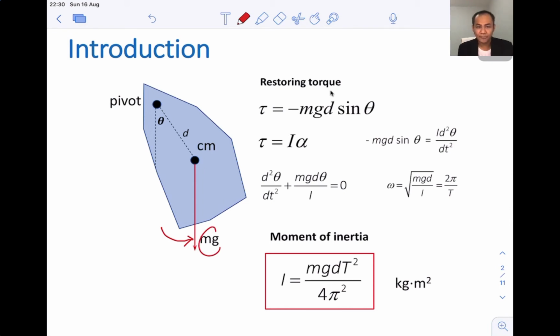This mg will cause the torque. The torque is equal to negative mg d sine theta.